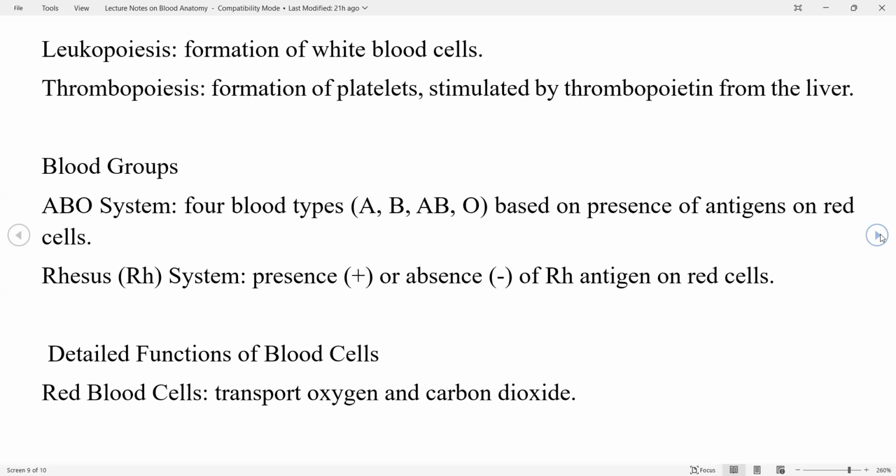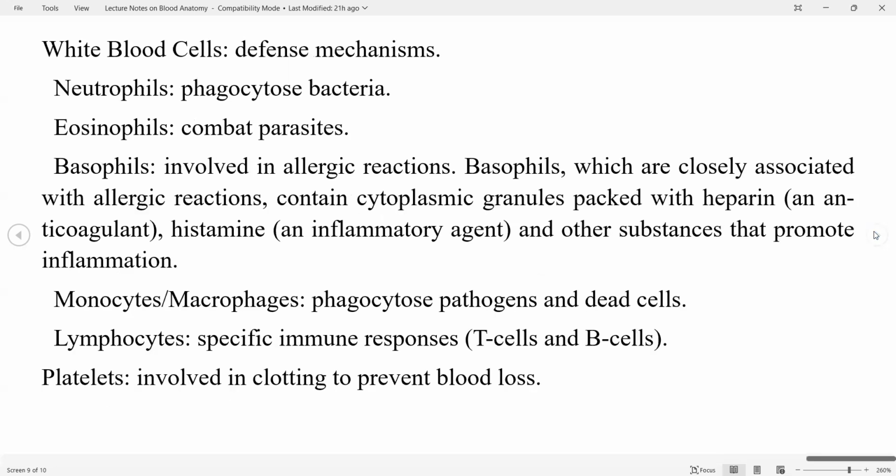So let's summarize the functions of the blood cells again. We said the red blood cells transport oxygen and carbon dioxide. And they are able to transport oxygen because of the presence of the pigment hemoglobin that oxygen can bind to. White blood cells, we said they are for defense and immunity.